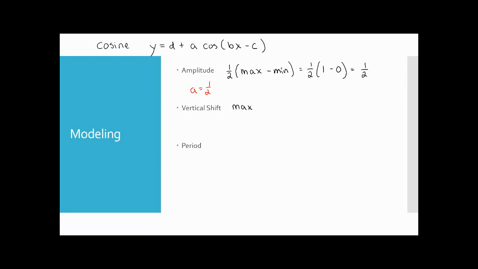So this is the max plus the min divided by 2. Again, this is really easy with our numbers. We're just doing 1 plus 0, and we get a vertical shift of 1/2. The vertical shift is d, so d is equal to 1/2. Those are the two easy parts to find.